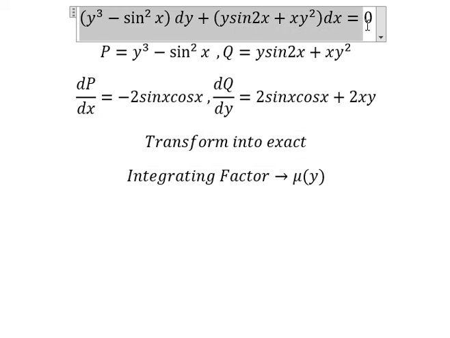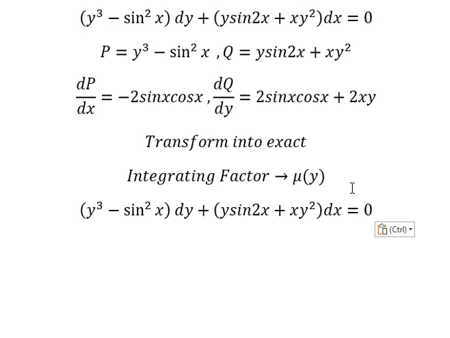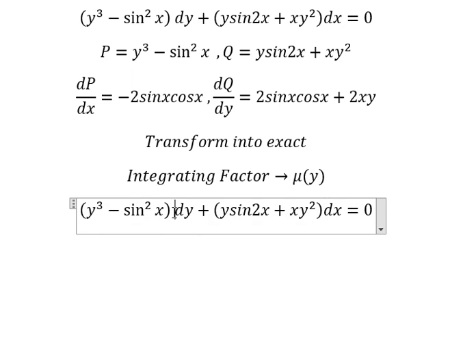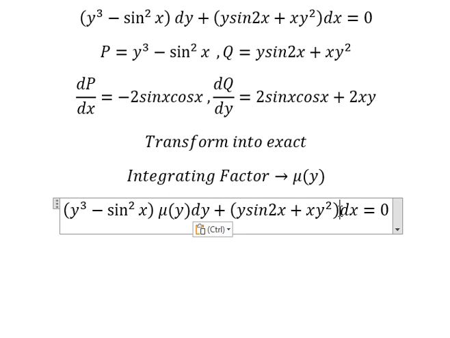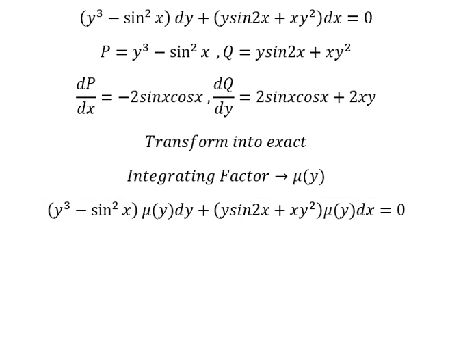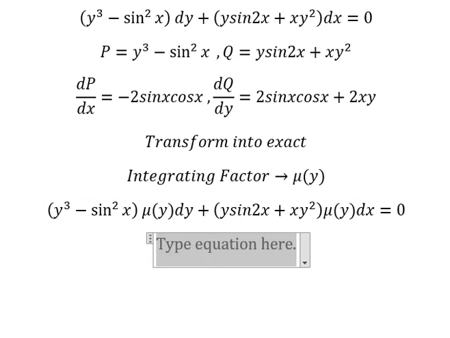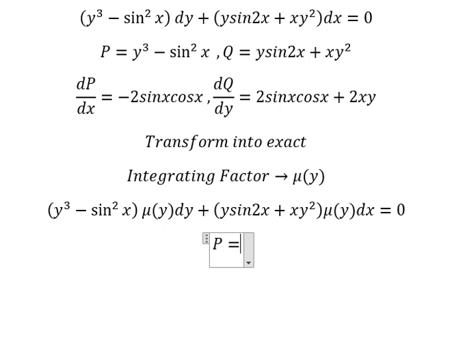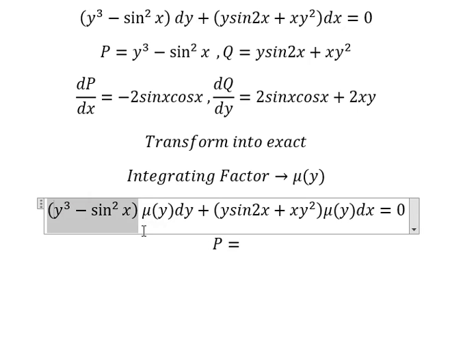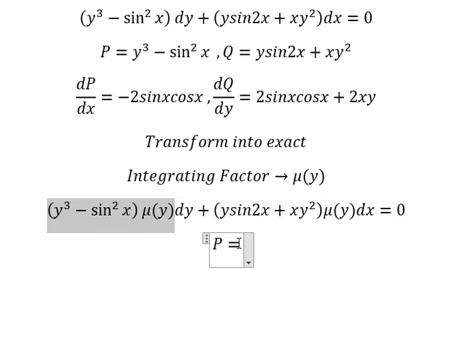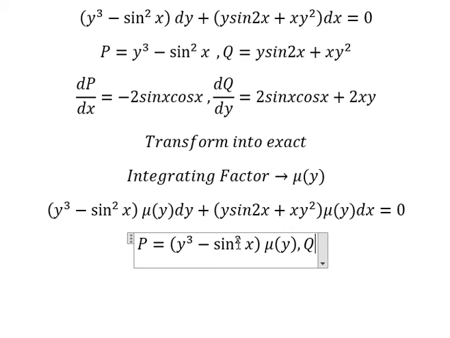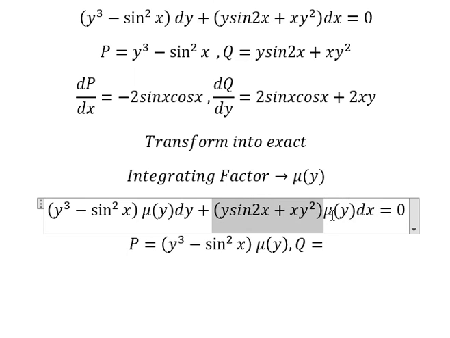So we have this equation. So we need to multiply both sides by this one. Now, so we have b equals to this one, and q equals to this one.